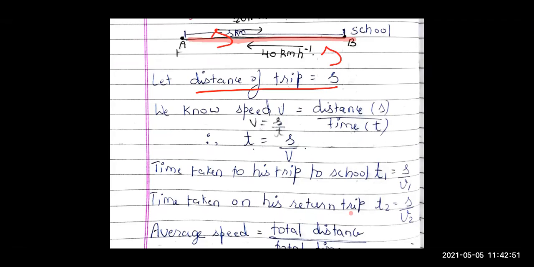And while going, his speed is 20, right? So here we are going to find the time. We are going to make t subject of formula. So we know speed is v equals to distance upon time. If we make t subject of formula, t will come here, velocity will go down. So you will have t equals to s by v, right? This is the total time for coming and going.